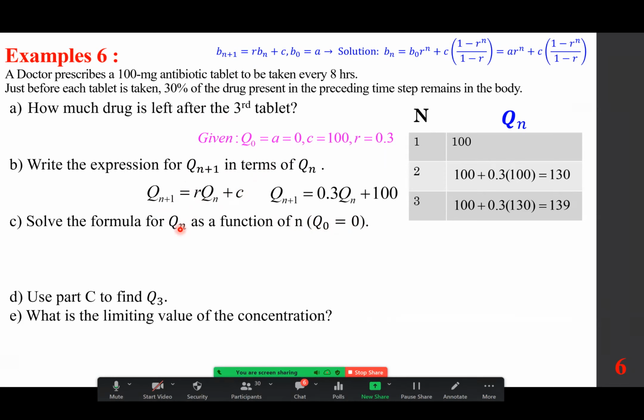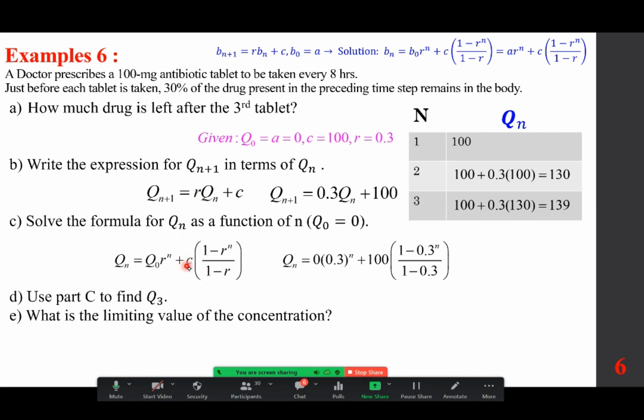If it's not, and Q sub n, we are going to go to the solution and change the B to Q. So in this solution, we change the B to Q. And now Q sub 0 is 0, r is 0.3, the same thing here, and lowercase c is 100. So replace them accordingly.